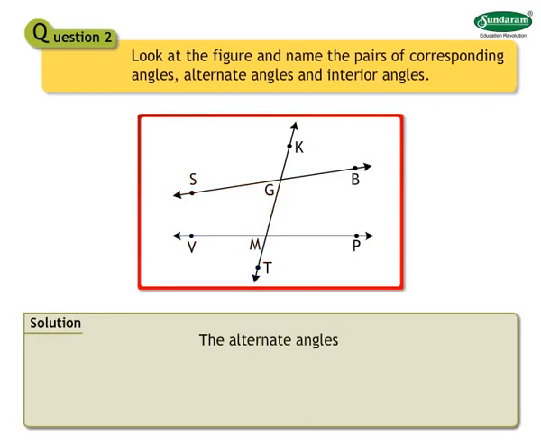The alternate angles are angle BGM and angle GMV, angle SGM and angle GMP. The interior angles are angle BGM and angle GMP, angle SGM and angle VMG.